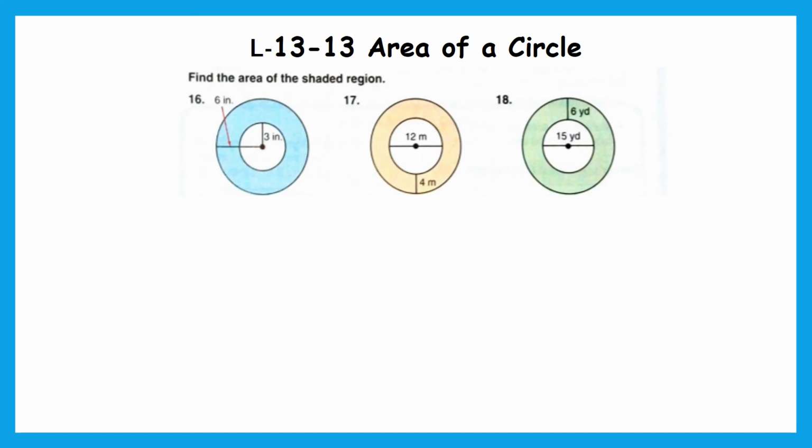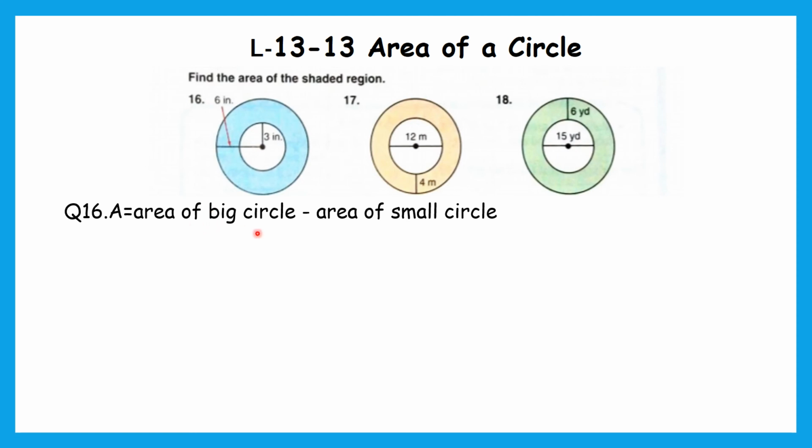Then area of the bigger circle minus area of the smaller circle. Then you can find this shaded part.